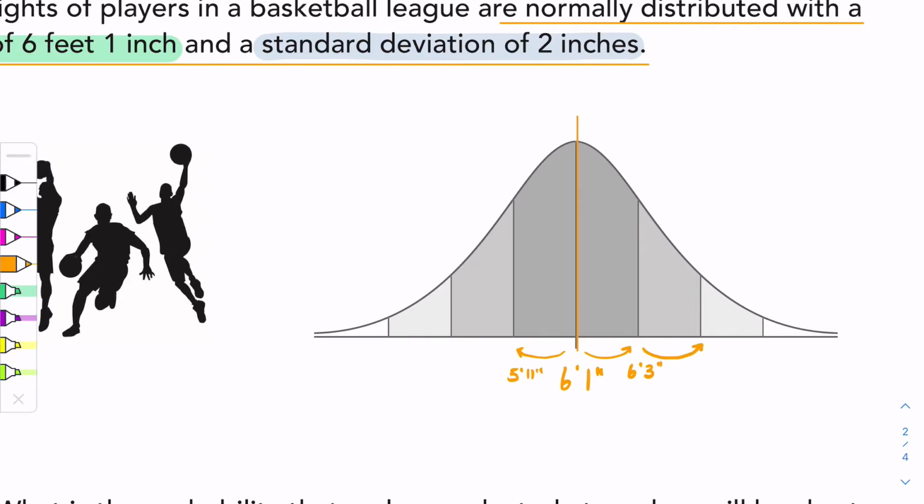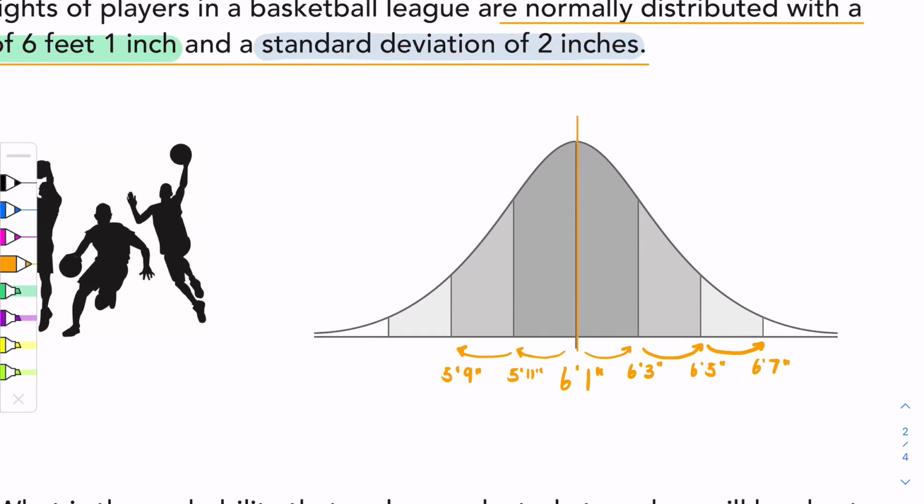Add another 2 inches gives us a height of 6'5". Subtract 2 more inches, we get 5 feet 9 inches. So this is within 2 standard deviations of the mean. Okay, we added 2, we subtracted 2 again. Let's do this one more time. Add 2 to 6'5", we get 6'7".